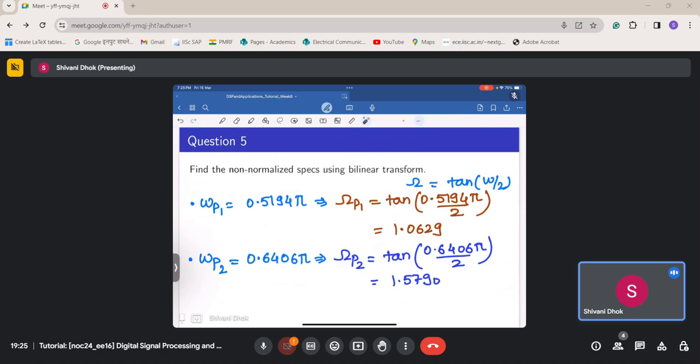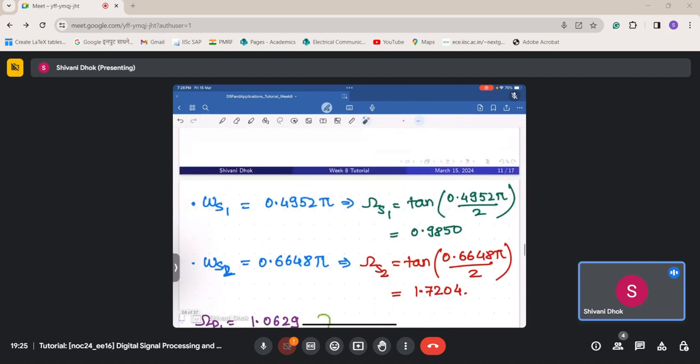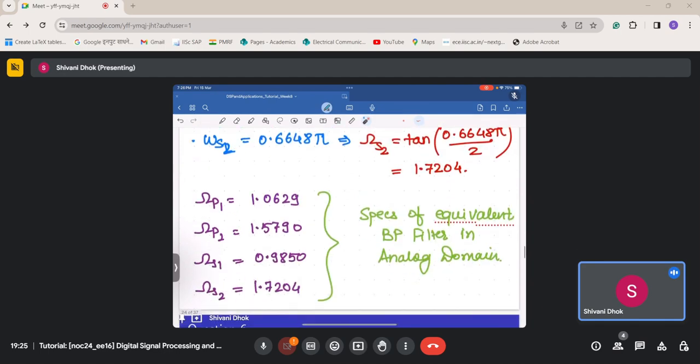So omega p1 gives capital omega p1, the unnormalized frequency; similarly omega p2 gives capital omega p2, and likewise for the stop band edges. So now we have capital omega p1, omega p2, omega s1 and omega s2, which are the specifications of the band pass filter in the analog domain. These first two steps have to be done for any kind of filter you are asked to design.